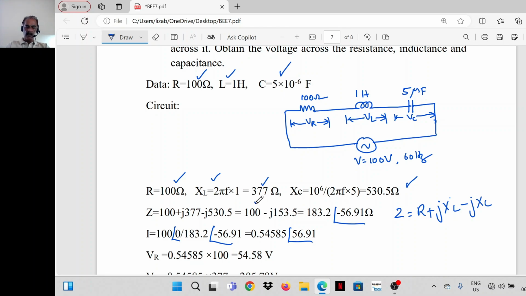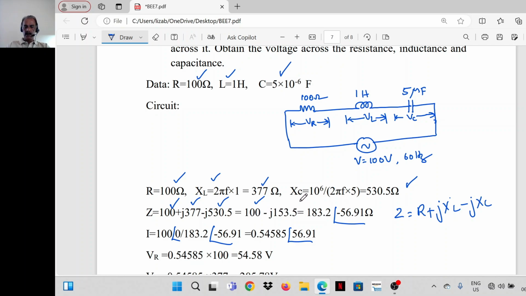So R is 100 ohm, inductive reactance XL is plus J377, capacitive reactance is 530.5, so minus J530.5. So adding, we will get 100 minus J153.5.